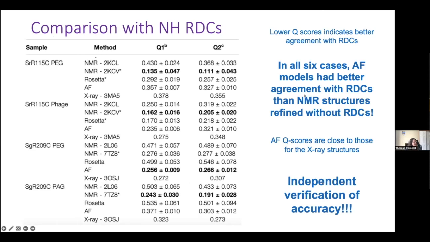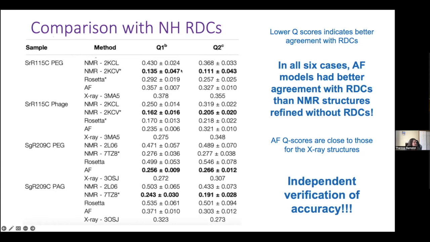That was amazing, because it means that it's independently verifying the accuracy of the AlphaFold structures. Of course, when there's an asterisk here and here, it means that these NMR structures were refined with the RDCs. So you would expect better agreement with the RDCs. Kind of circular logic, but you use them, and so therefore you get better agreement.